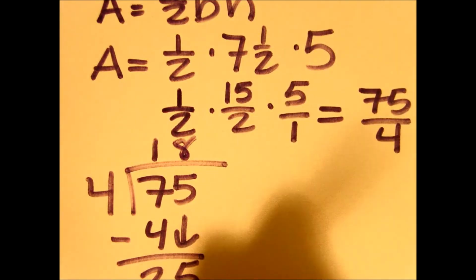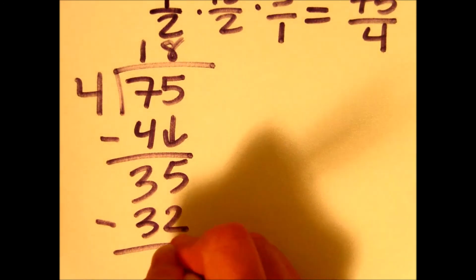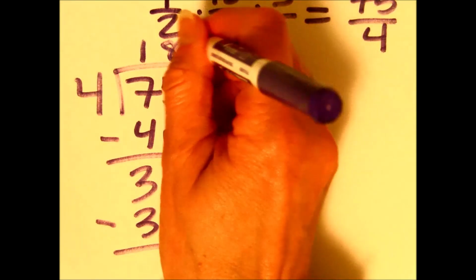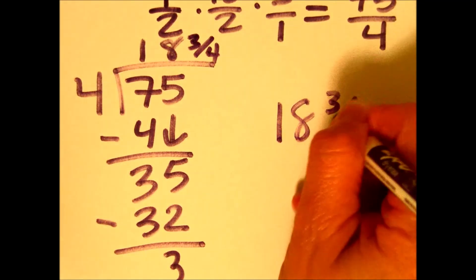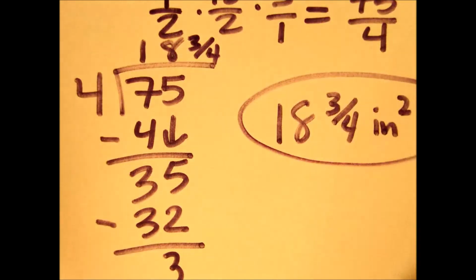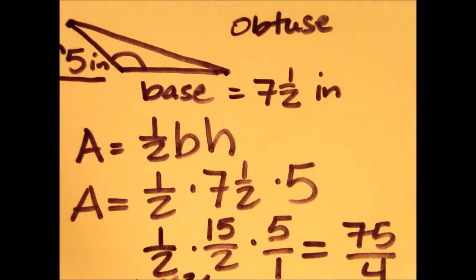It's 32. And we get 3 left over. Now remember, we're going to take that 3 and bring it up here. That's our numerator. So 18¾ inches squared. And that would be the area of this triangle here.